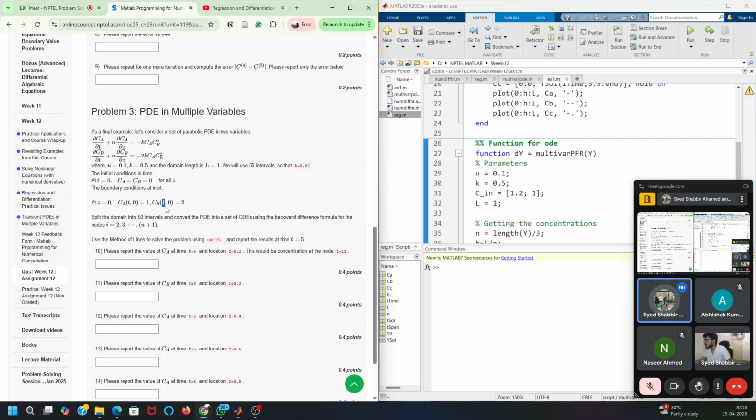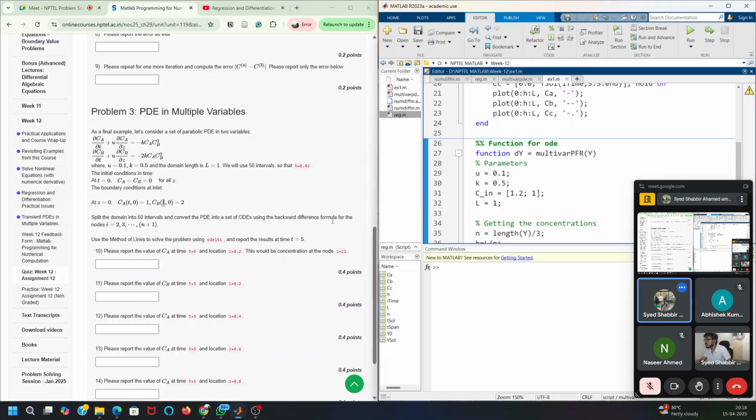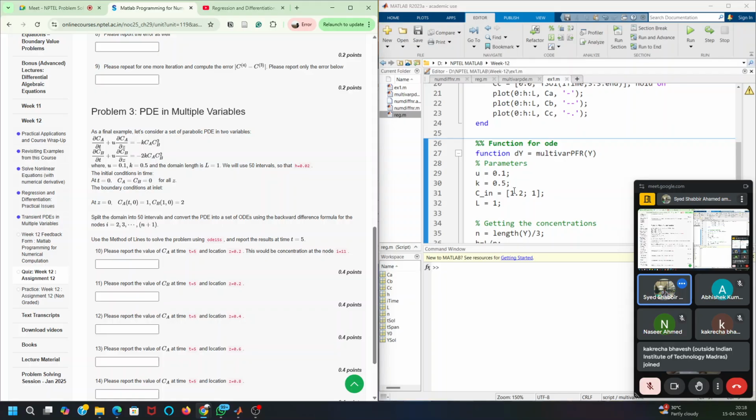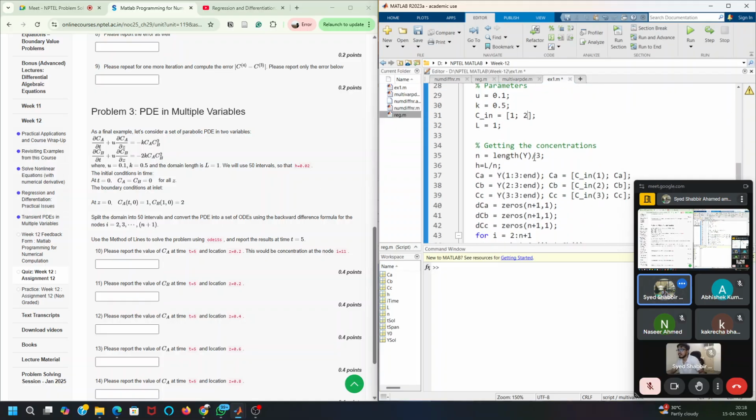This should also be T. These are CA is 1 and CB is 2. And we have only two, so we'll just remove CC.